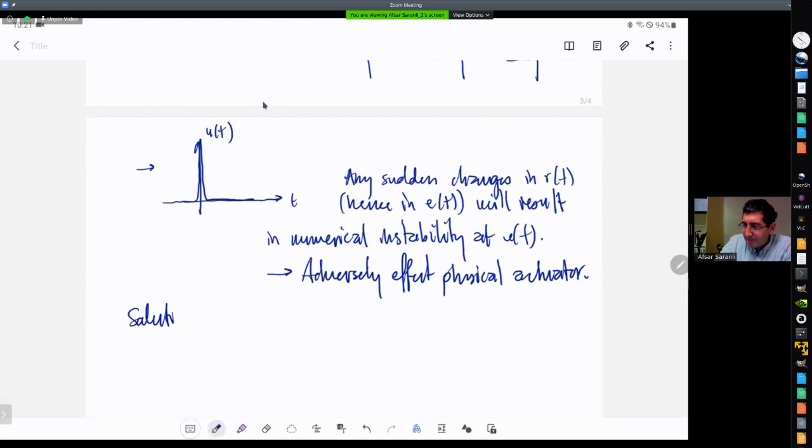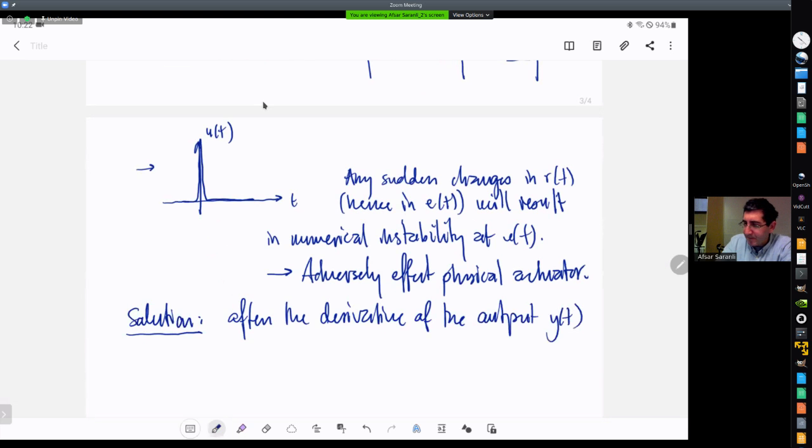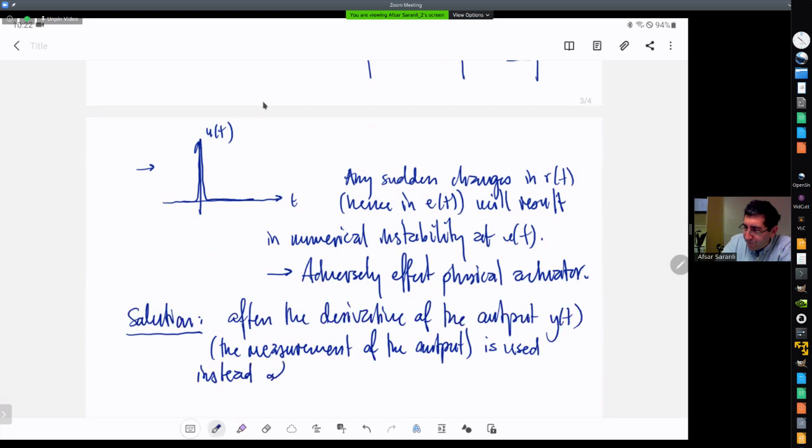So the solution to the derivative kick: often the derivative of the output y of t, in fact this is the measurement of the output, is used instead of the error E of t in the derivative term.